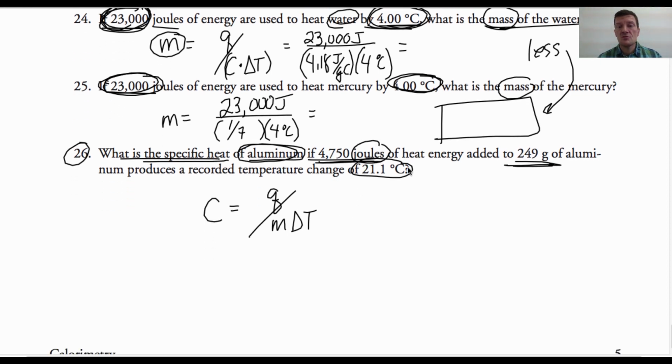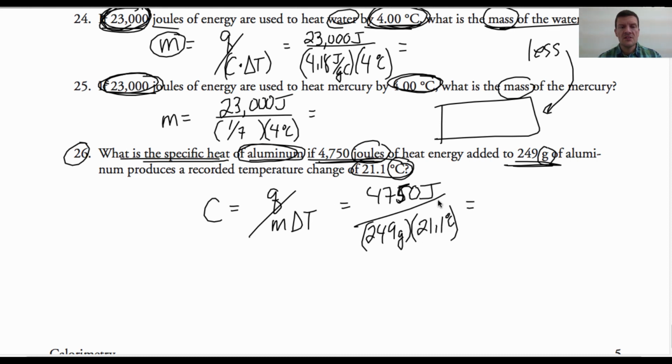This is given to us in joules, good. This is given to us in grams and Celsius, excellent. So we got 4,750 joules over our 249 grams, and delta T is 21.1.